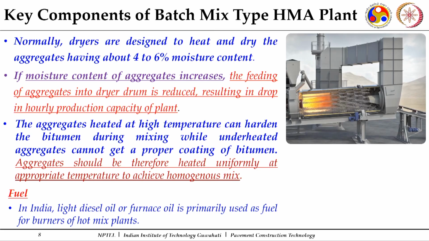Now, the important part is that there may be some natural moisture content present in aggregates, which may vary from 2% to 4%, or in some cases even higher, up to 6%.